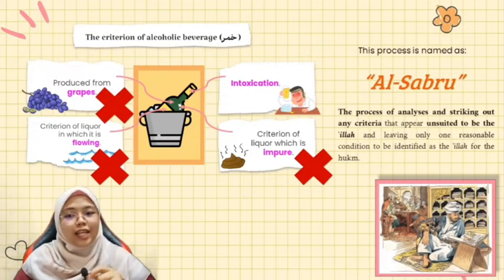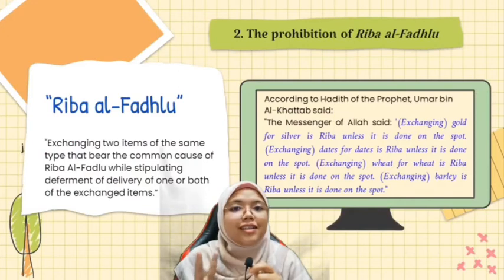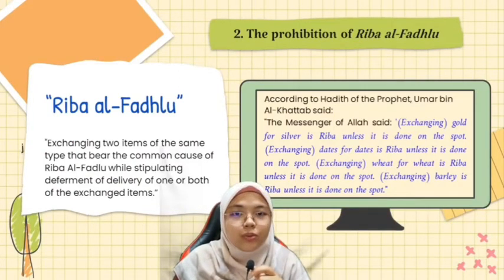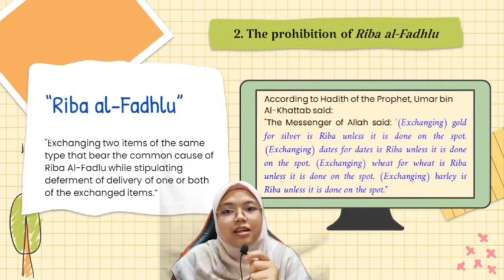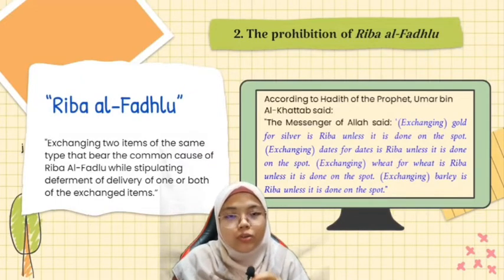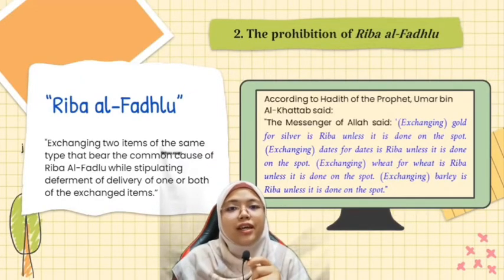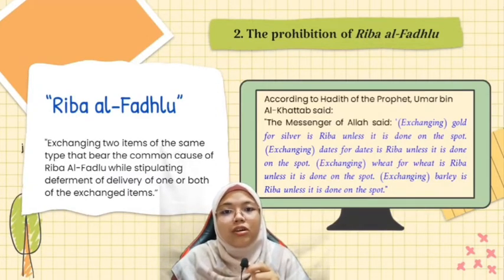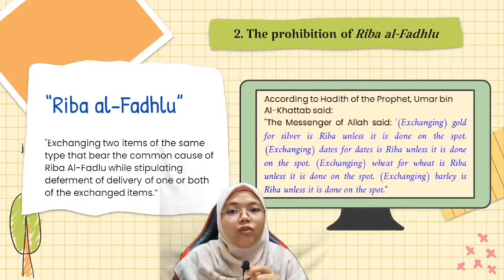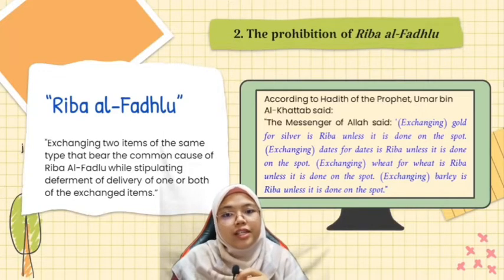Next, the second example is about the prohibition of riba al-fadlu. A hadith of the Rasulullah SAW clearly states the prohibition of riba al-fadlu, which can be defined as exchanging two items of the same type that can bear the common cost of riba al-fadlu while stipulating deferment of delivery of one or both of the exchanged items.